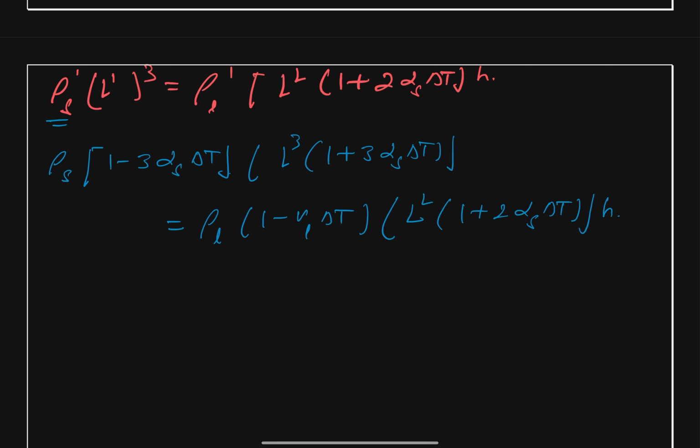And if we see our left hand side, if we multiply them, we are going to get rho S L cube times (1 minus 3 alpha S delta T plus 3 alpha S delta T), and anything else left? 1 and this will be minus (3 alpha S delta T) whole square.